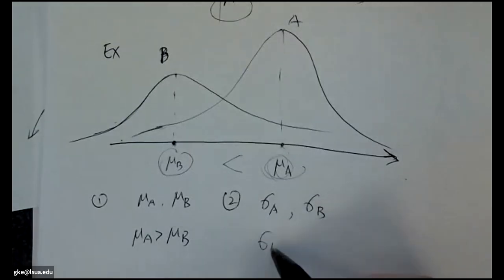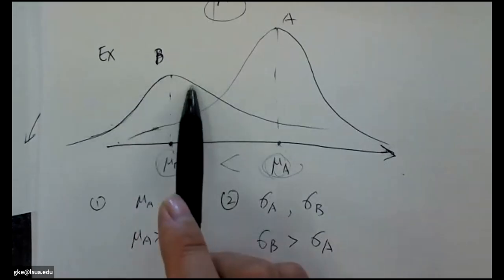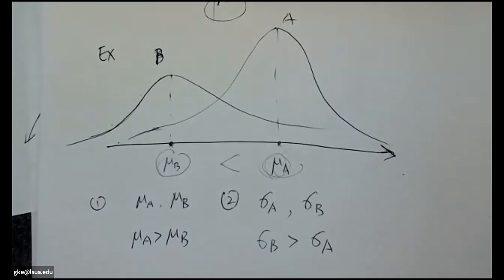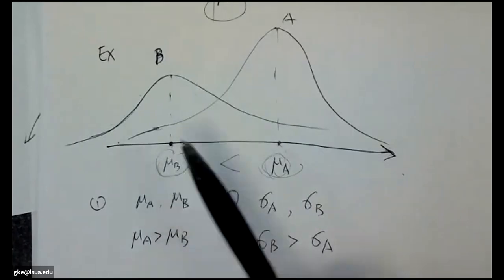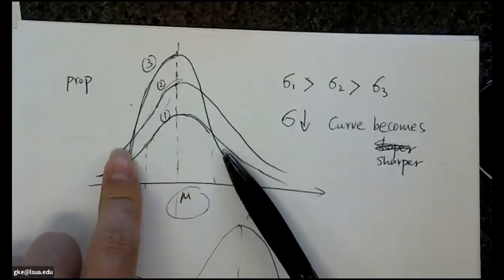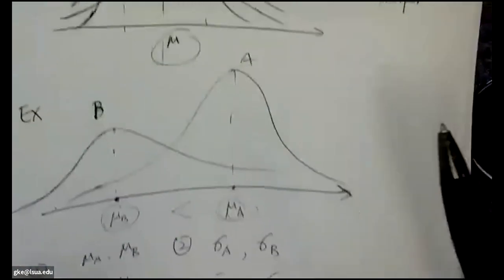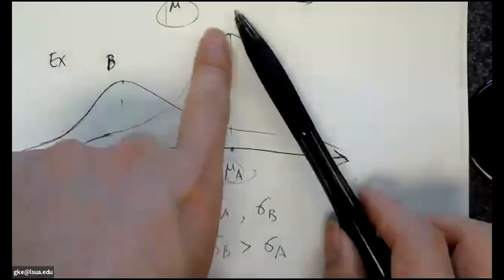Sigma B is greater than sigma A because it's wider, or flatter, than curve A. As I mentioned before, if it's flatter or wider, that means sigma is bigger. As your sigma decreases, the curve will become sharper and sharper.